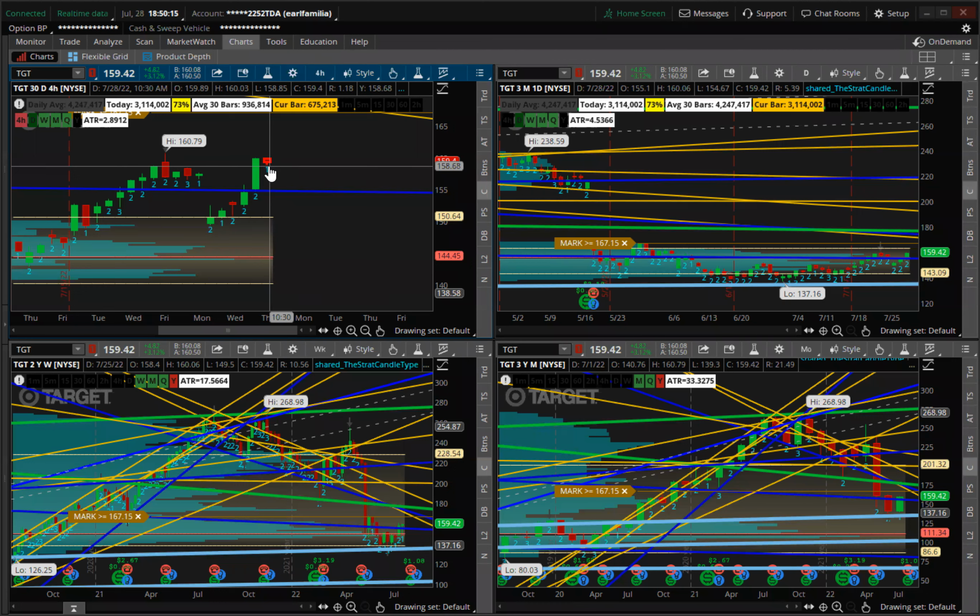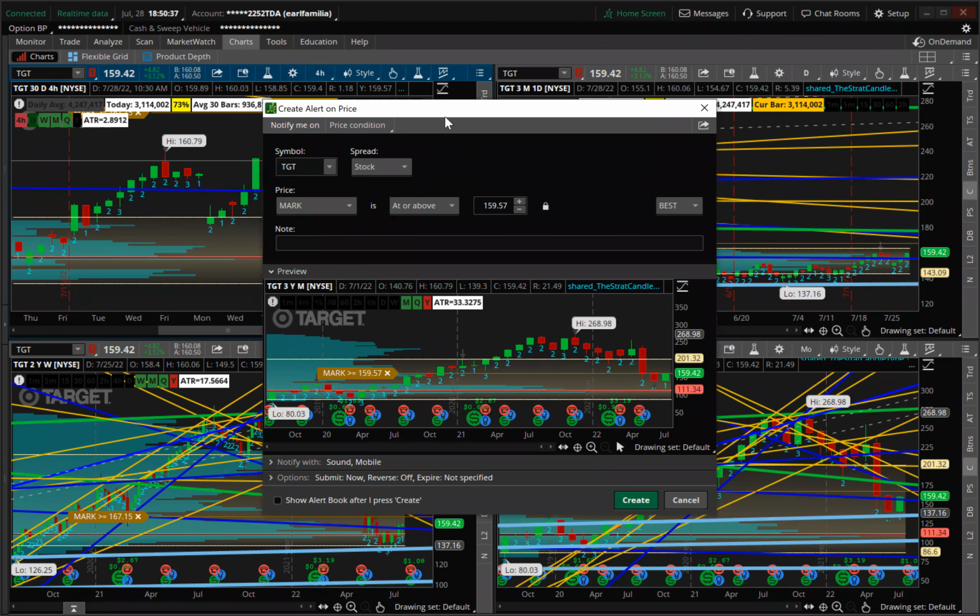Looks like we've got entry on the 4-hour above 160.03. My expectation is that you'll get continuation tomorrow. It doesn't look as though there will be any other signals, so either you take this trigger or you're gonna have to look for an intraday trigger tomorrow. I'm gonna set it just so that I can keep an eye on it.